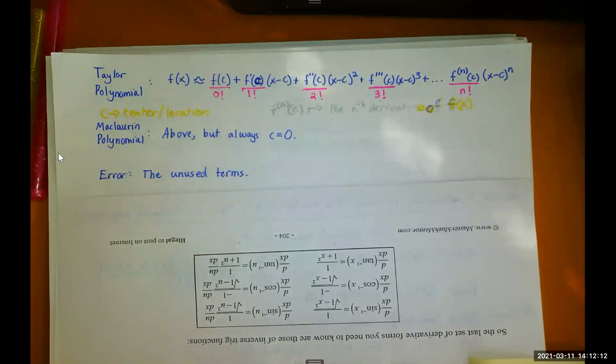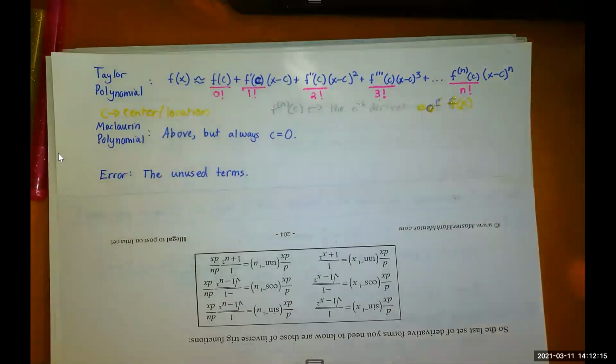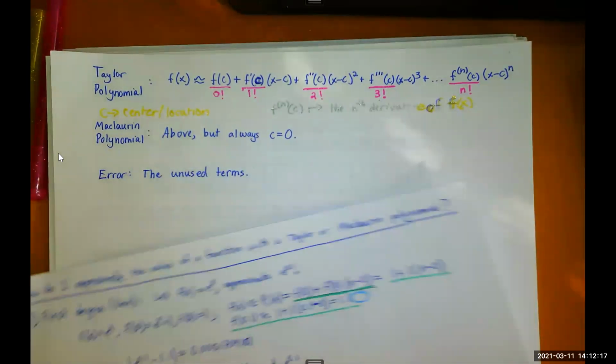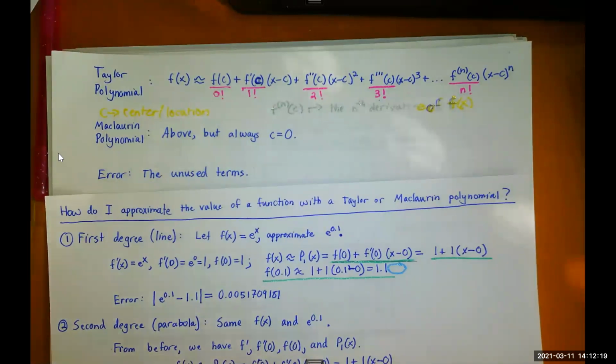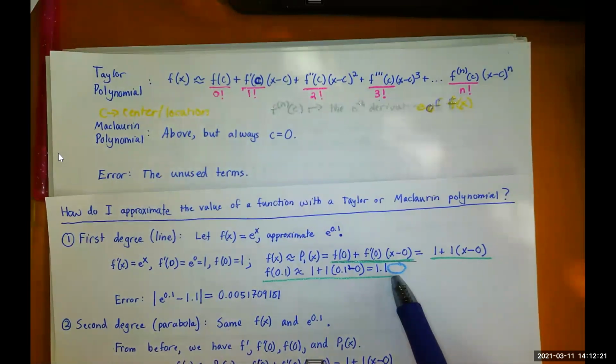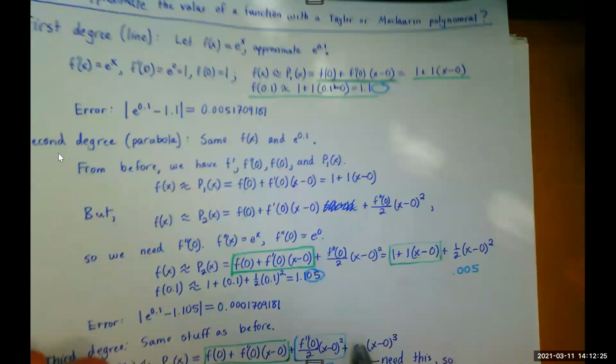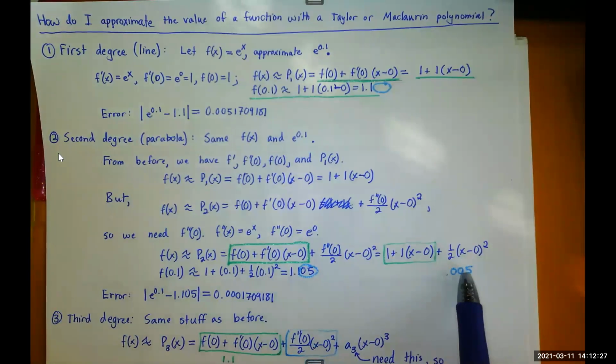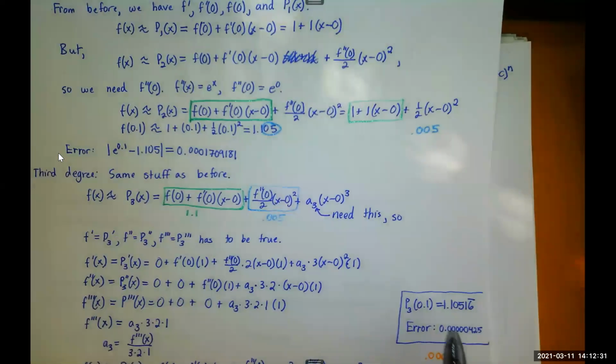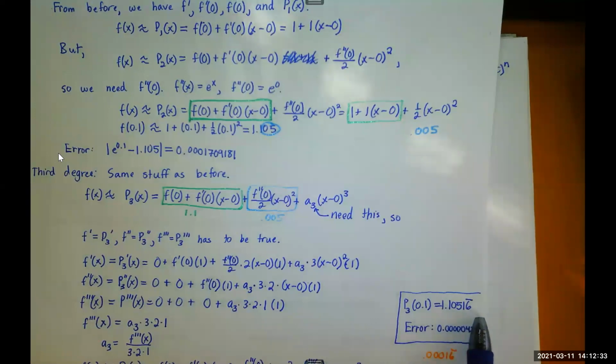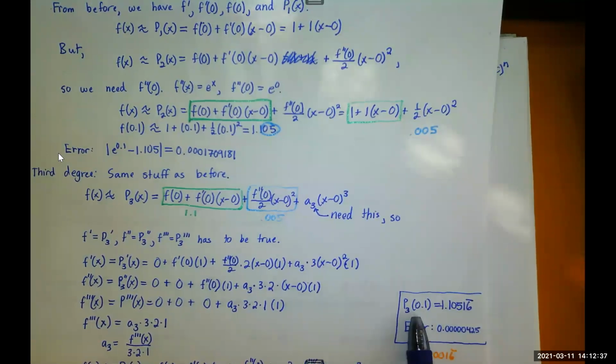So if you go back to the problem we were looking at, we added on each time a little bit more. So we went from 1.1 to 1.105 when we added the squared term, to 1.10516 repeating when we added the cubic term.